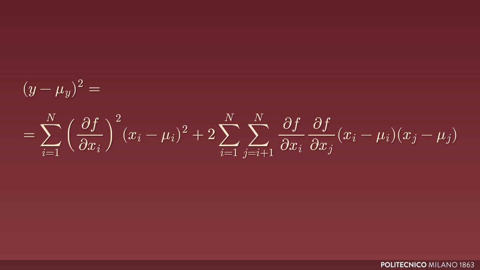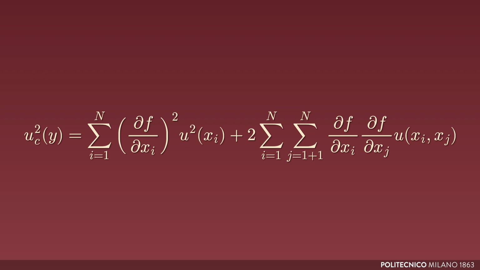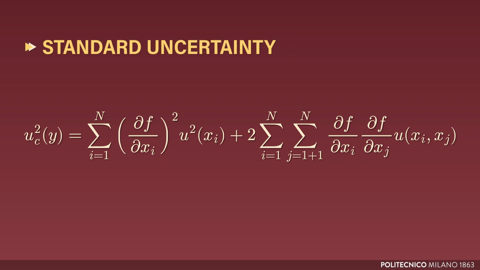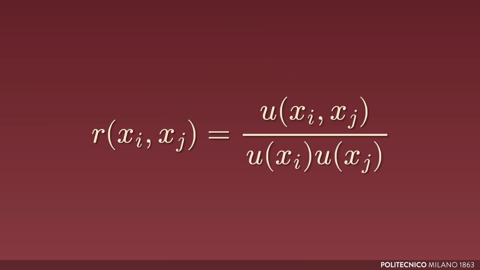By substituting the expected values into the equation we saw earlier, we obtain the equation you see here, which gives us the standard uncertainty associated with the calculated value small y for quantity capital Y. This equation can be rewritten by normalizing the covariance between xi and xj to the product of the standard uncertainties u(xi) and u(xj), as you can see in this equation.